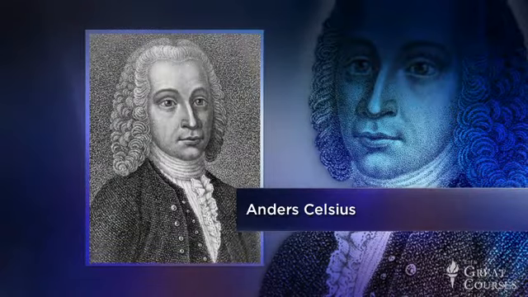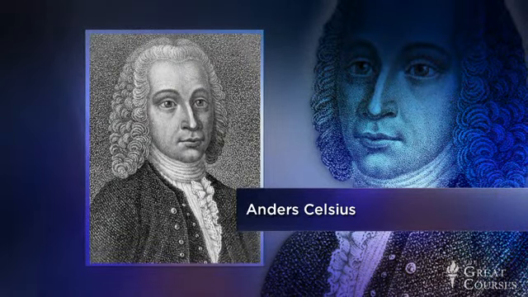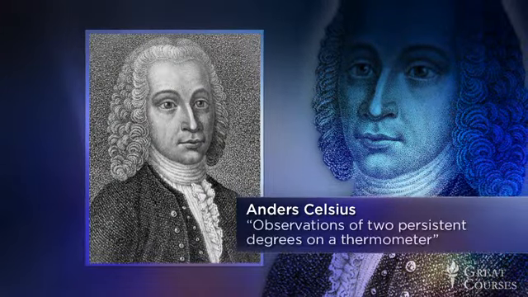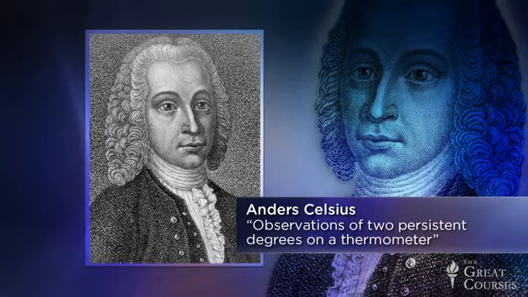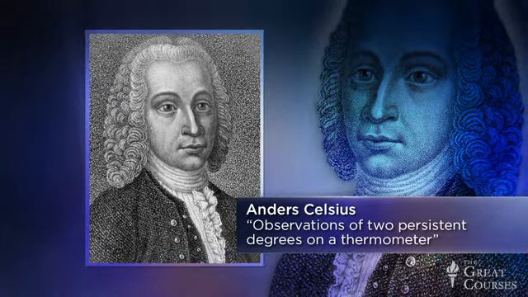The Celsius, or centigrade scale, was created by Anders Celsius in 1742, and it was presented in a paper he wrote titled Observations of 2 Persistent Degrees on a Thermometer. Notice the word persistent. Again, because a good temperature scale should have as its reference points phenomena that repeatedly happen at the same temperatures.